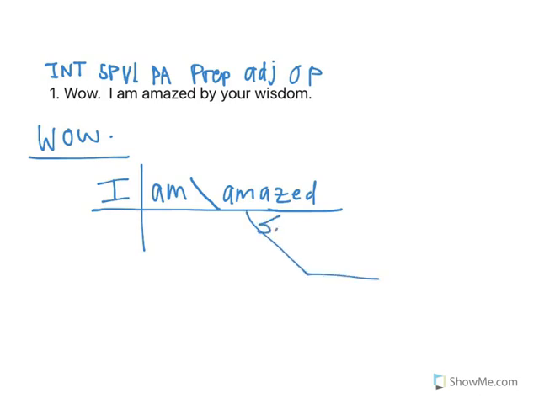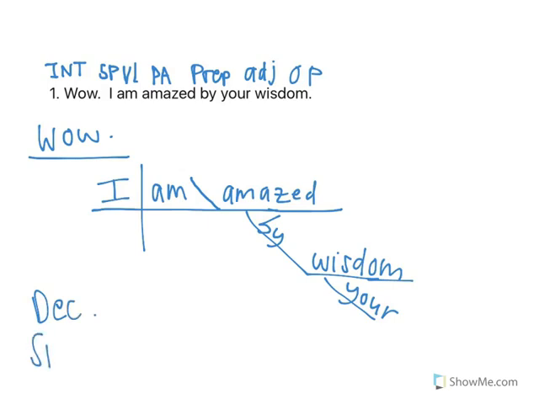Then by your wisdom is just going to be a prepositional phrase underneath amazed, because it's amazed by what? By your wisdom. This is a declarative sentence, and it's a simple sentence because it's just one independent clause.